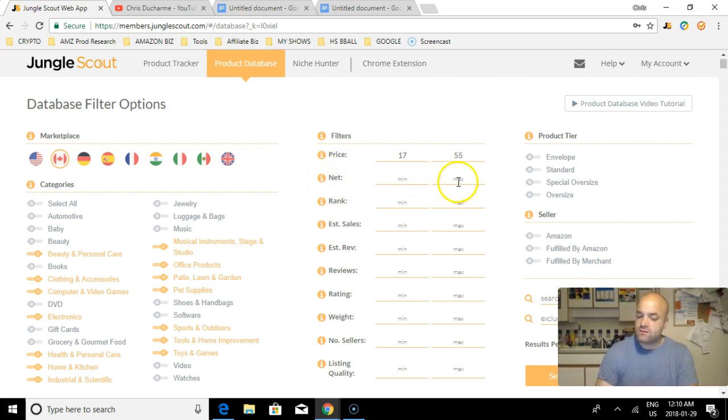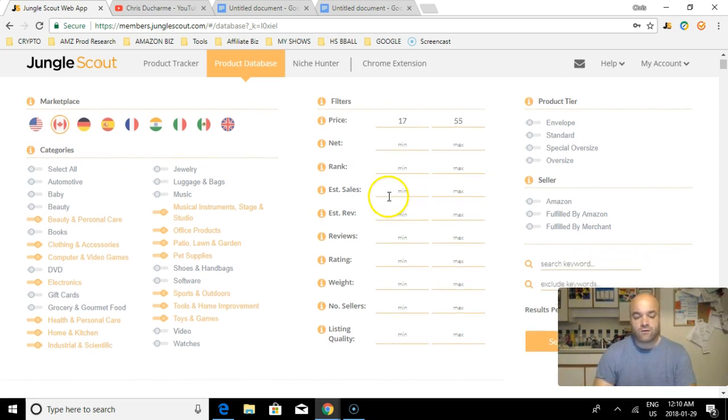Net, we don't need to enter anything for net. Rank, we don't need to enter anything for rank. We want to see the best ranked products. Estimated sales. Our goal was to sell $2,000 to $3,000 a month, so we use the number 3,000. We want to see how much per month. At $10 profit per product, that's 300 units per month.